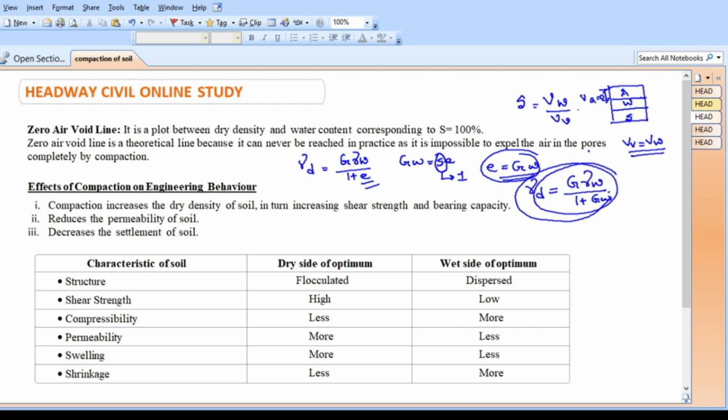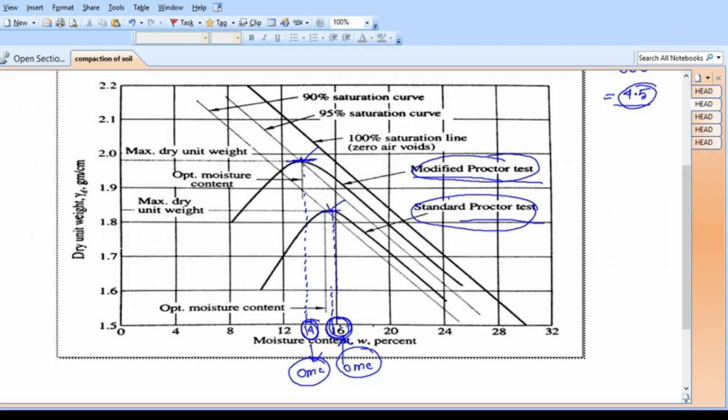In the graph, you can represent the zero air void line as this. As you can see over here, the 100% saturation line is the zero air void line, which has been shown by a bold straight line. I hope you people are getting this.